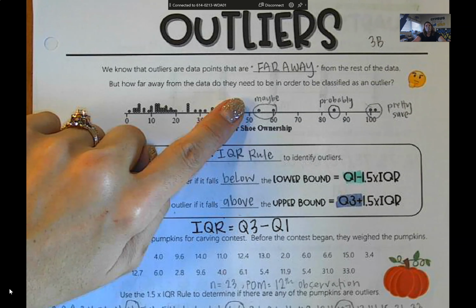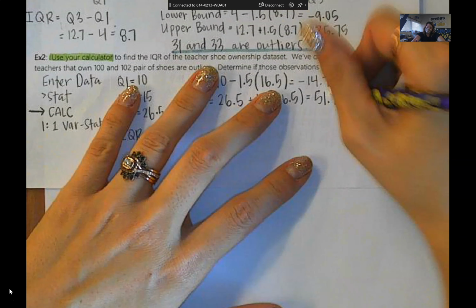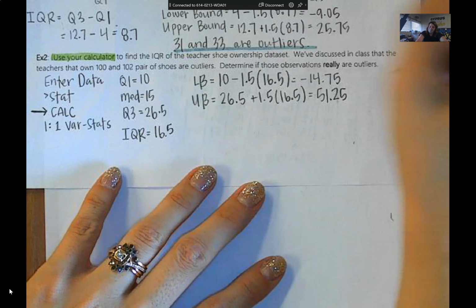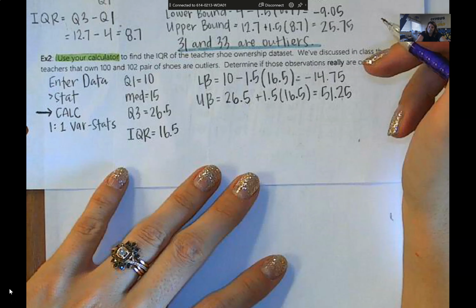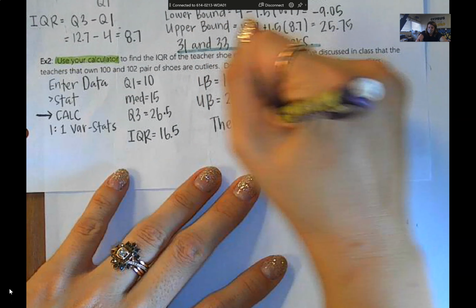Oh, 2.5? Thank you. So on this one, we are going to say there are 5 outliers.